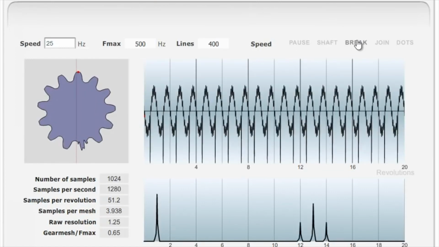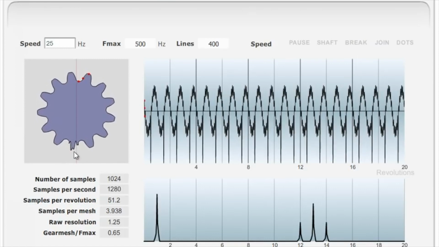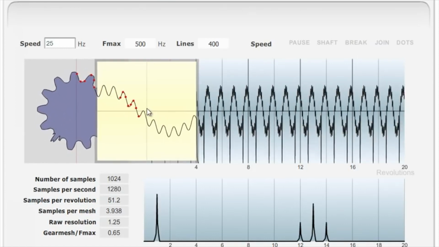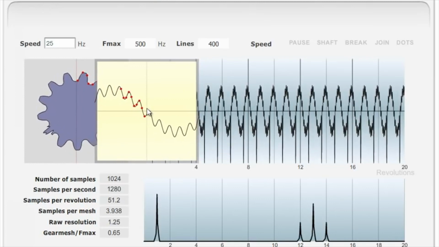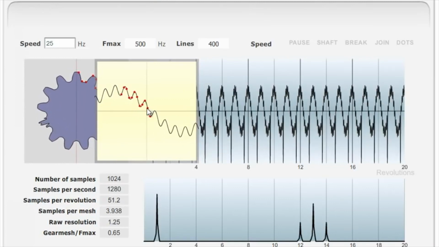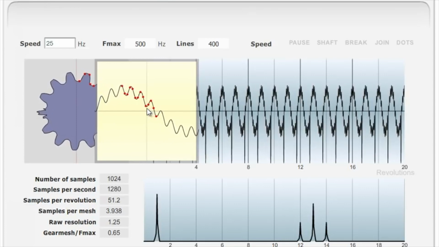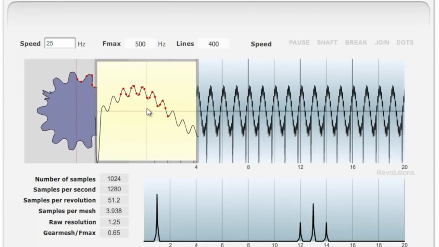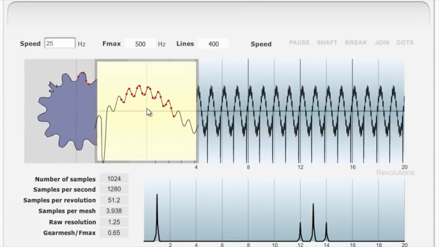But now we can move to a different case, the one of a gear that has some damage on a tooth. So now the profile of the gear is no longer a perfect circumference. So we normally have some spectral lines because we have extra harmonic components.